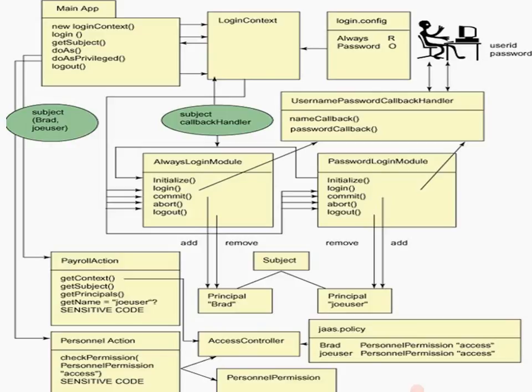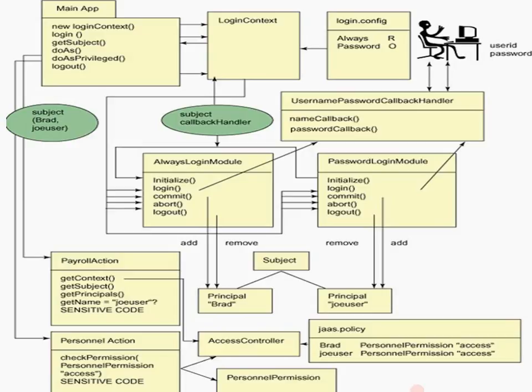And there are NameCallback and PasswordCallback used from callback handlers for verifying the name and password. So this is the basic structure where you can have the authentication performed using the login context, login module, and then the callback handler.